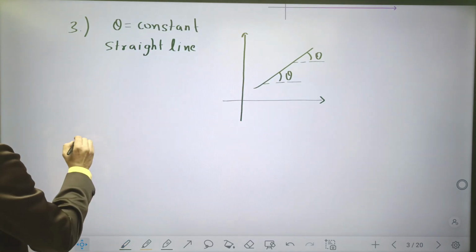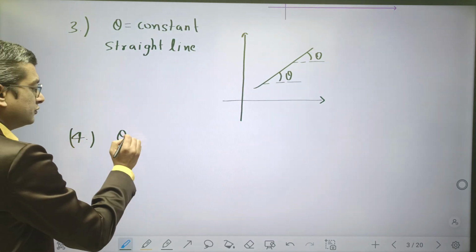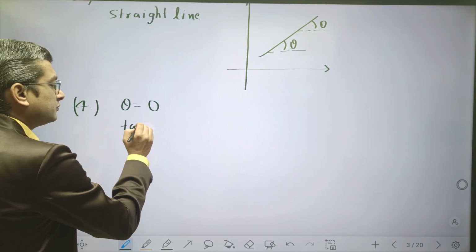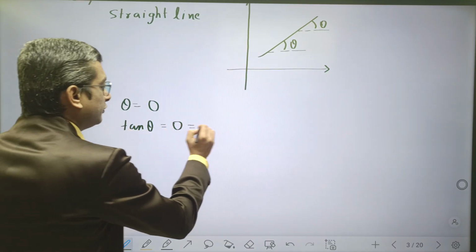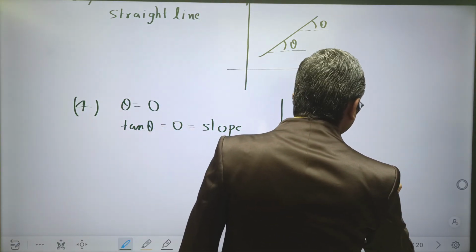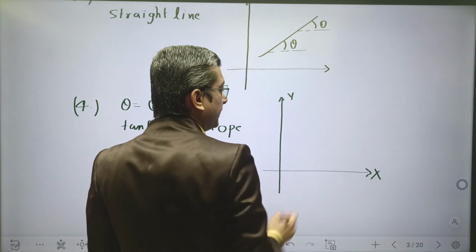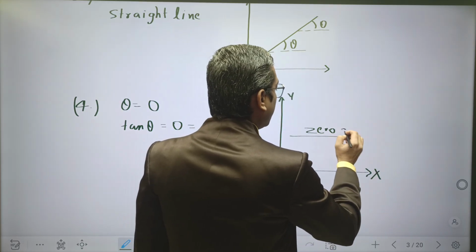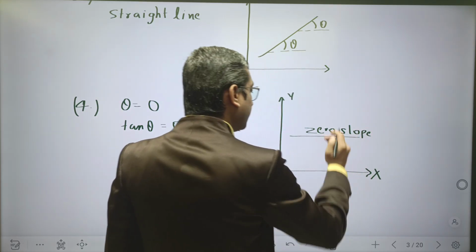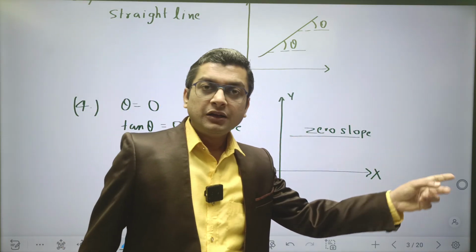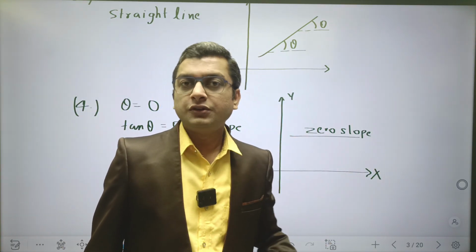And the last one is theta equal to 0, that is the slope is given by tan 0. So tan theta equal to 0 is the slope. So this is the x-axis, y-axis, and any line parallel to the x-axis will have 0 slope, because when you find theta here, you will get theta equal to 0.